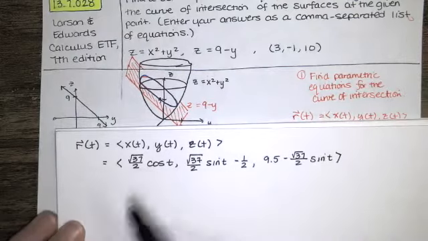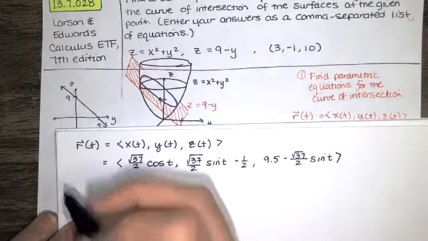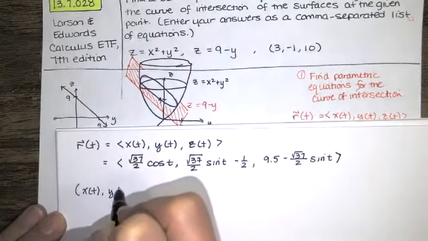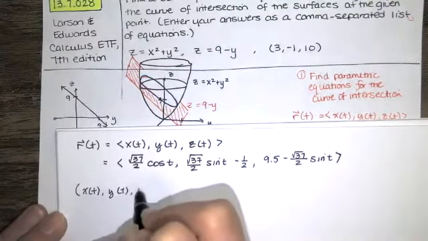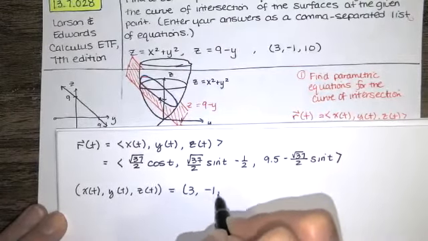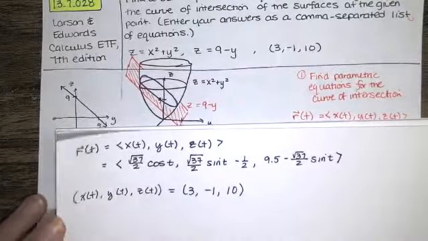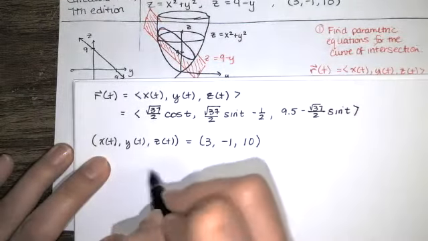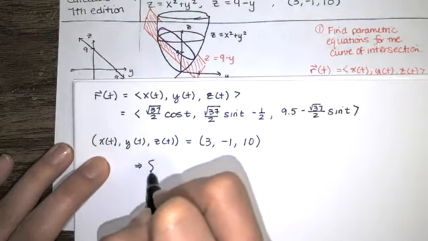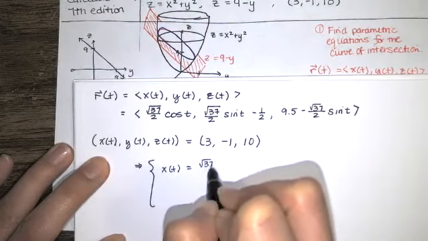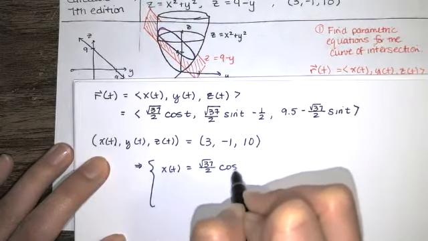Well, in order to find that out, I need to set this x of t, y of t, z of t equal to 3, -1, and 10. And so from here, we've got x equals square root of 37 over 2 times cosine of t.